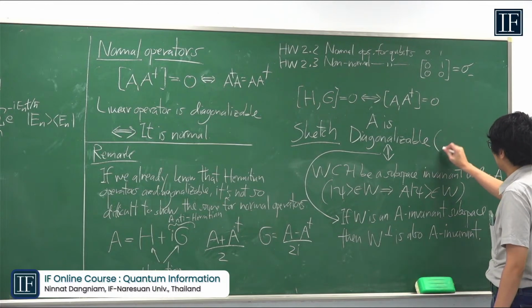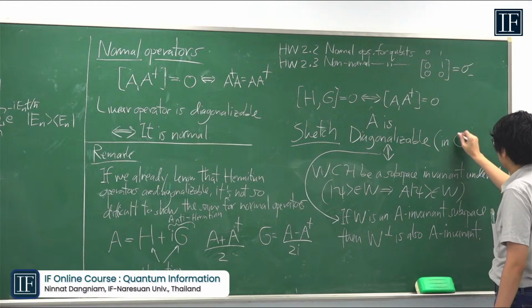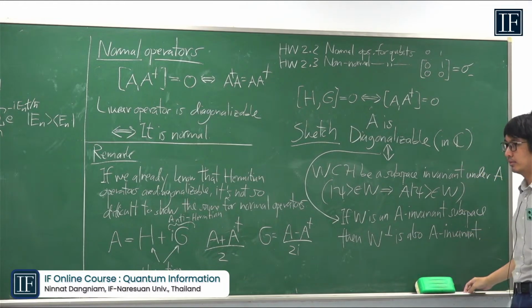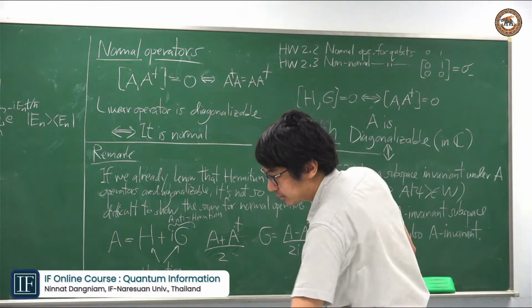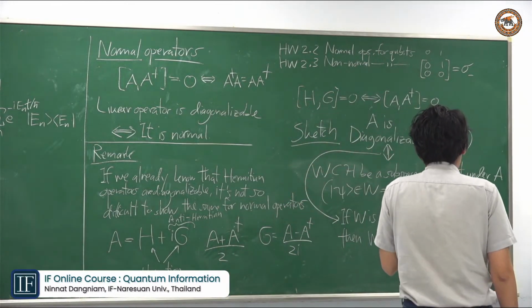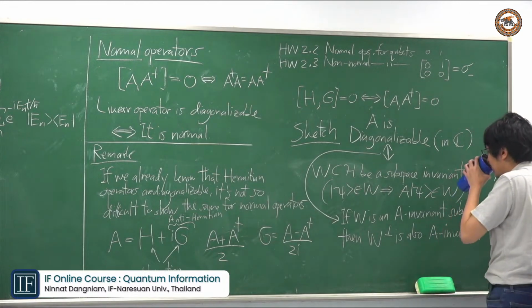Maybe I should be careful and say this is in a vector space over the complex numbers C. Why is this the case?